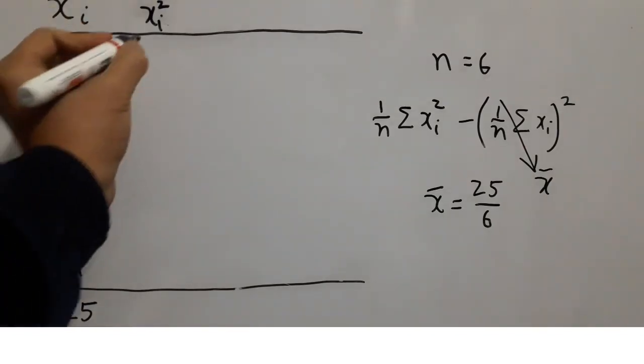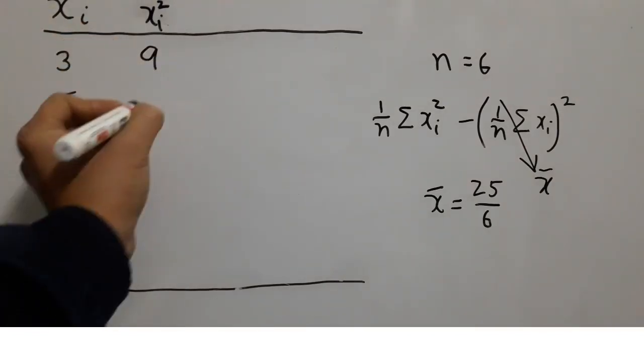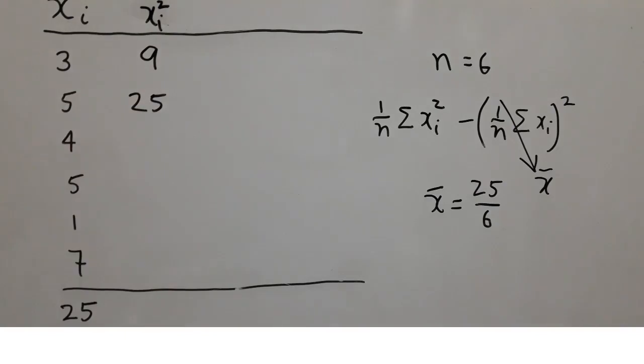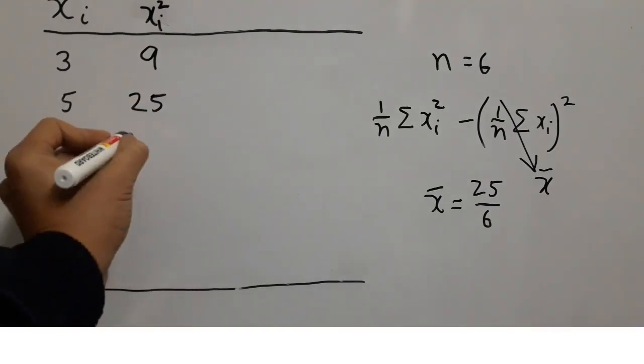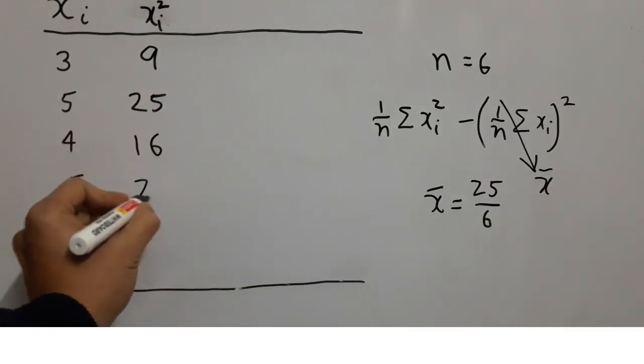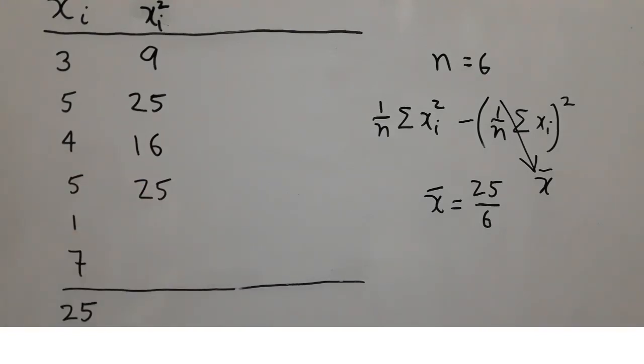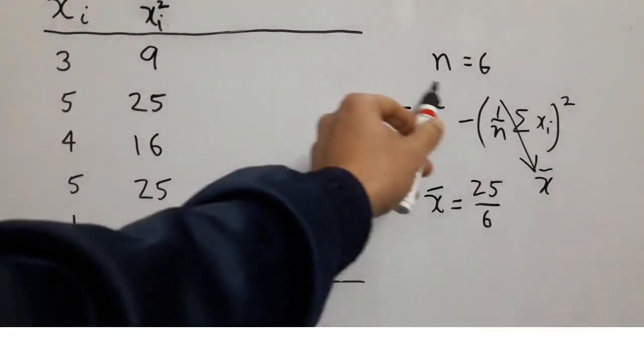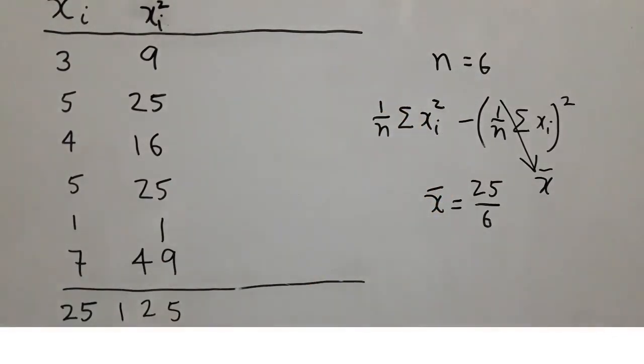So the first thing here would be 9, 3 squared, then I'll have 25, here 4, so it will be 16, 25, 1 and 49. The total of all these numbers turn out to be 125. So I have got this as 125.